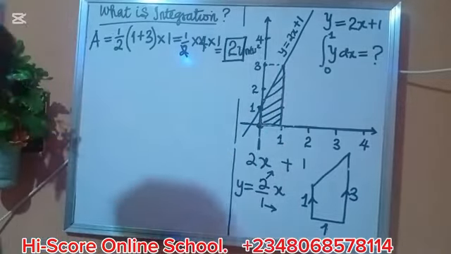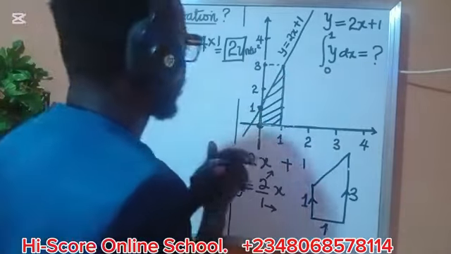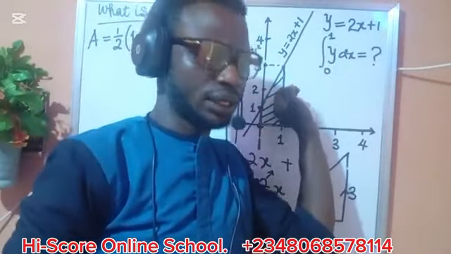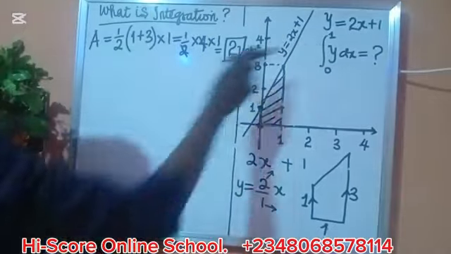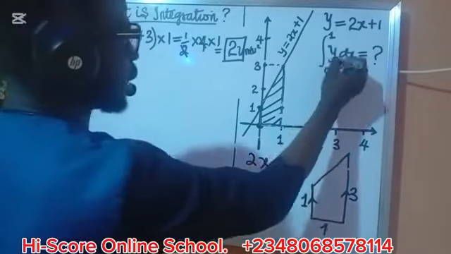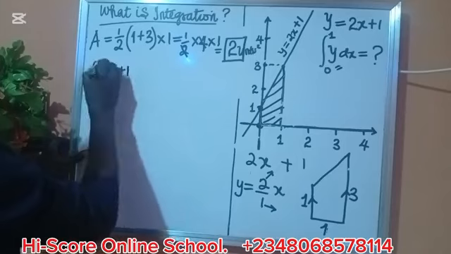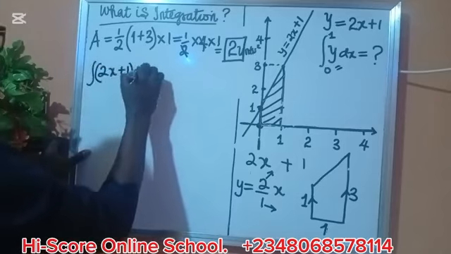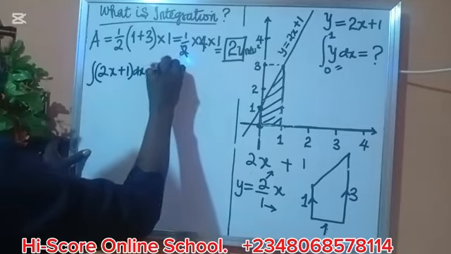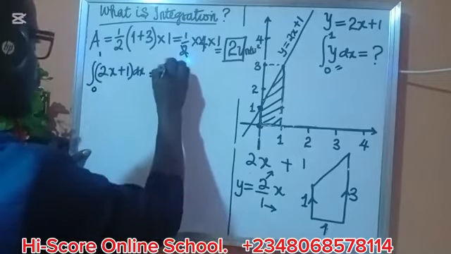Now, let's confirm this using the formula for finding integral. So let's integrate this with the conventional method of using formulas. We have the integral of y, which is 2x plus 1, with respect to x, between 0 and 1.